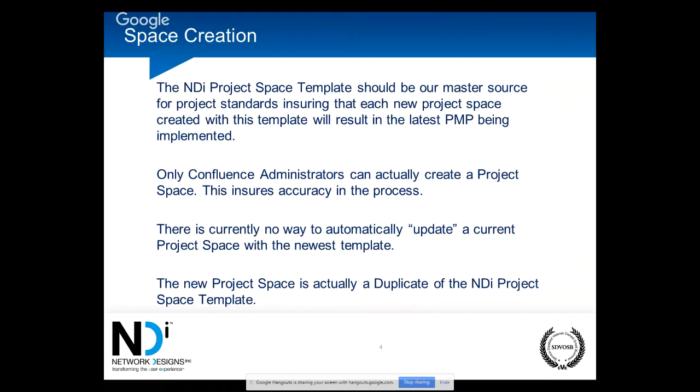But another nice thing, one of the good things, is that as we find new changes that we need to the current spaces, and this has happened quite a bit with several of the projects we're working on now, we want to add something, or we find a new requirement, and we pop that into a current space and say, hey, this is something that's going to be beneficial to all future projects.